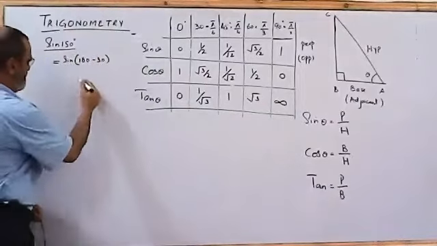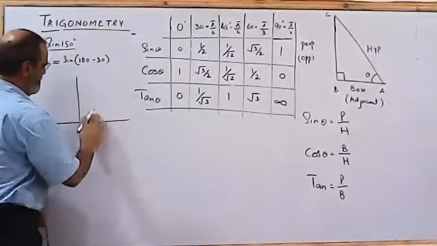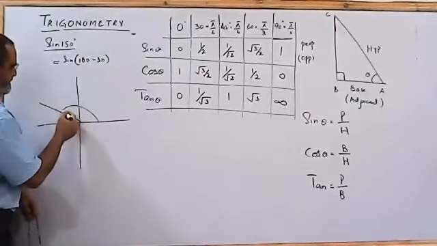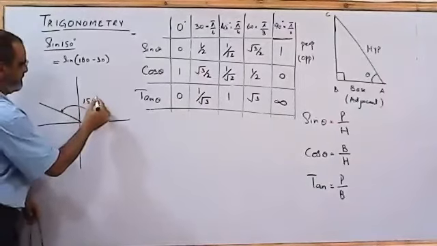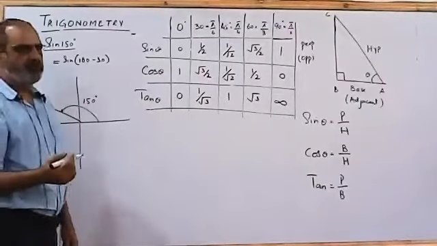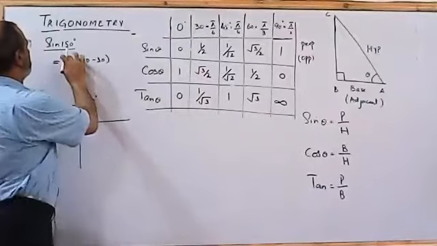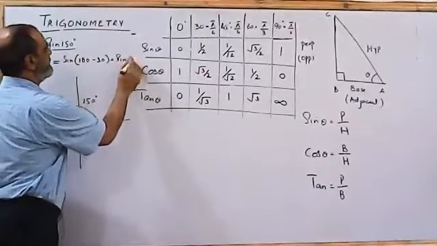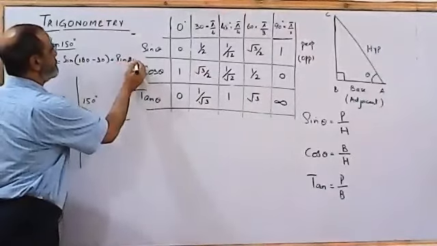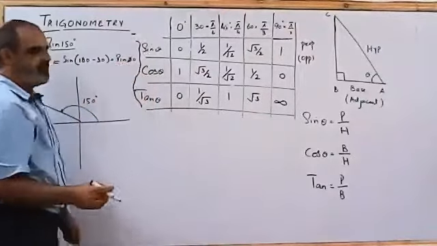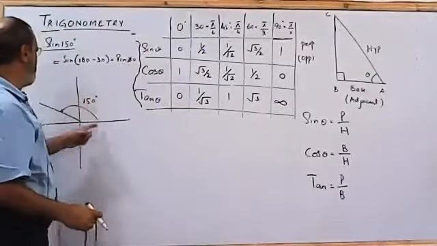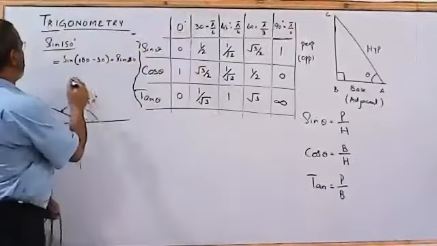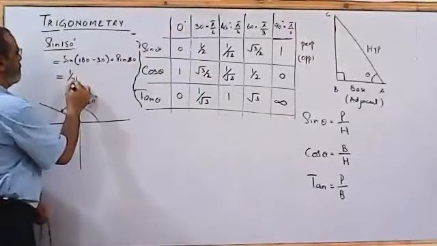So 150 degree I can write as sine 30. So value of sine 30 or sine 150 would be same. So using sine 30 is equal to 1 over 2, I can say its value is 1 over 2.